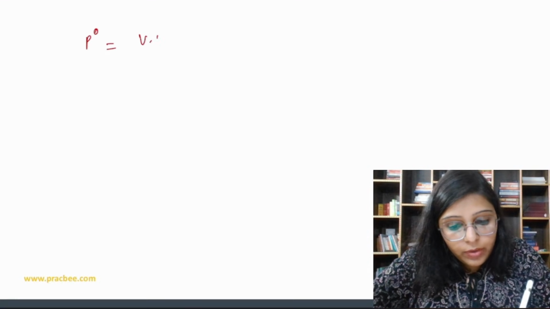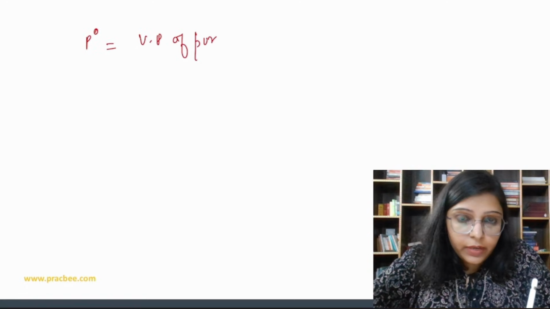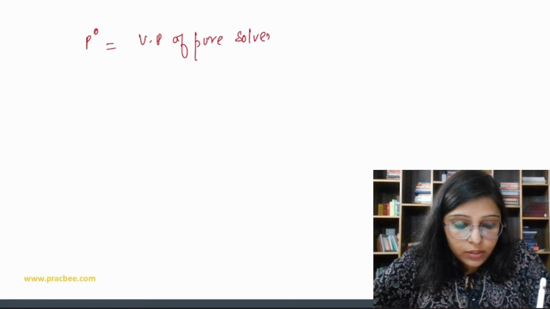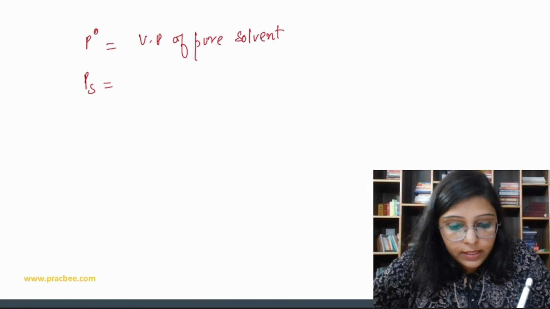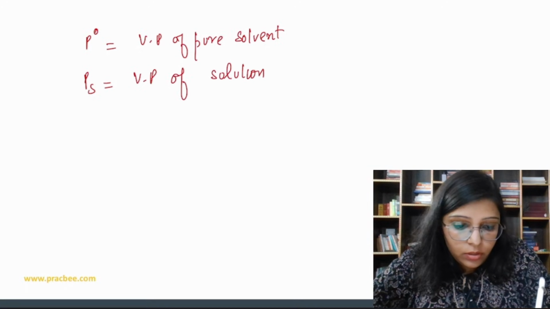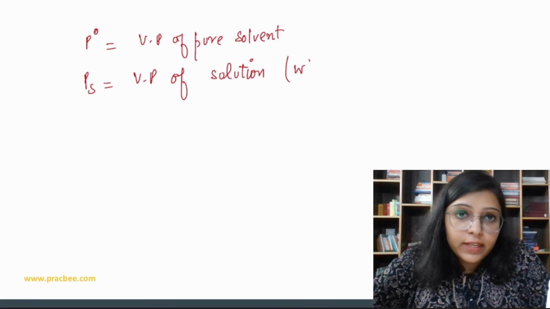Let's say P naught is the vapor pressure of pure solvent, and PS is the vapor pressure of the solution in which a non-volatile solute is present.